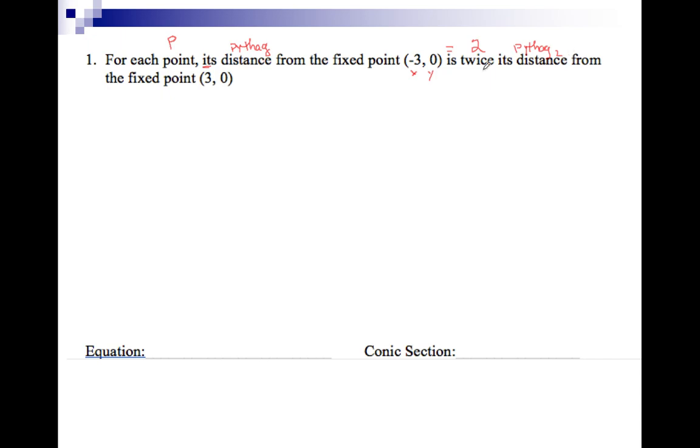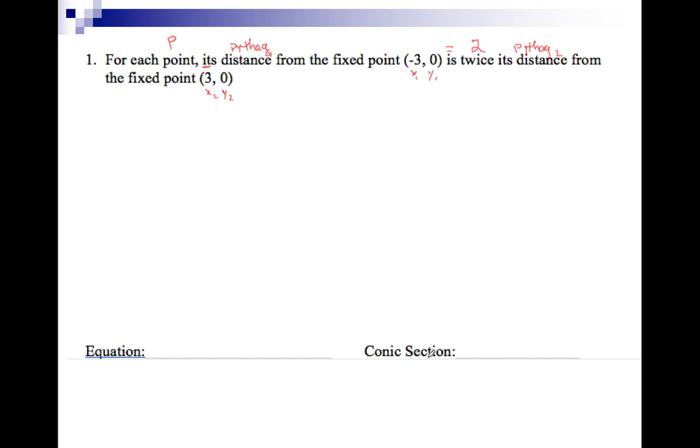Let's call this Pythagoras 2, since Pythagoras 1 was over here. From another fixed point, let's call this x sub 2 now. So I better call this x sub 1 and y sub 1. When I'm done, I need an equation, and then I'm going to name that conic.